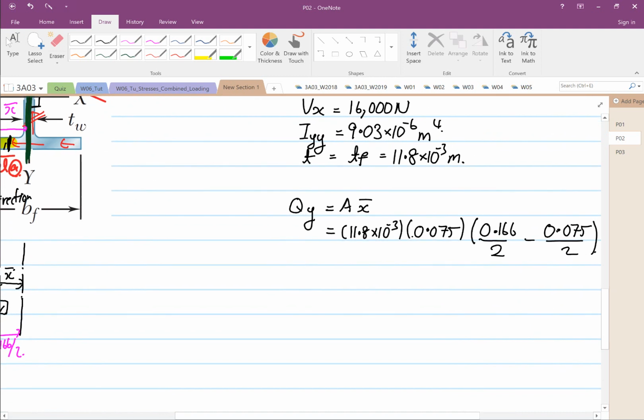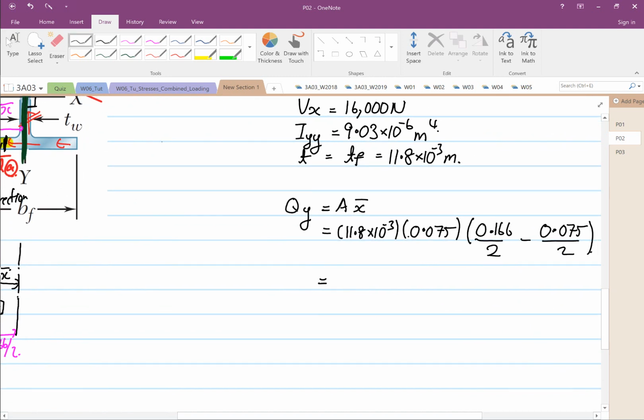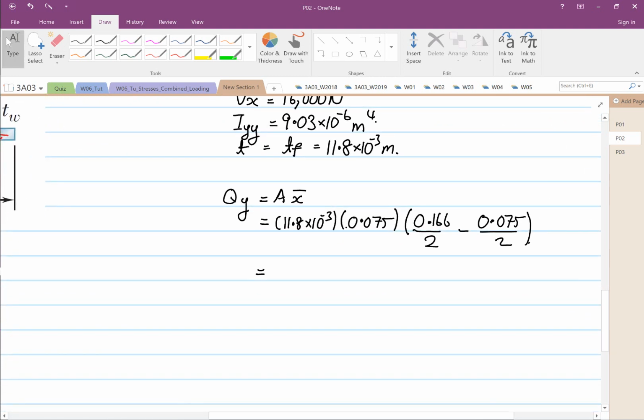Okay, so that's why the calculation is that way. So when you calculate this, times 0.075 times 11.8 times 10 to the power minus 3, it's equal to 40.2675 times 10 to the power minus 6 meter cubed.